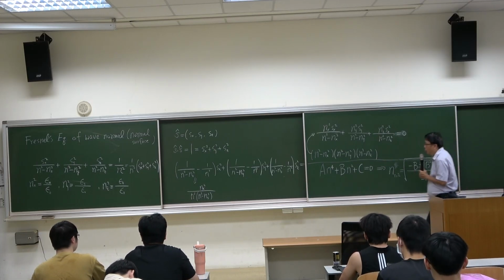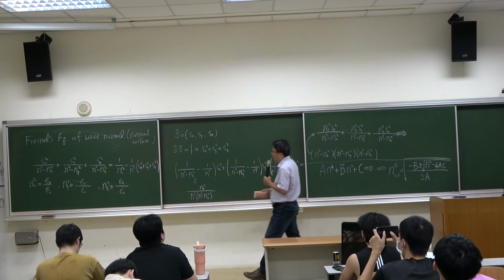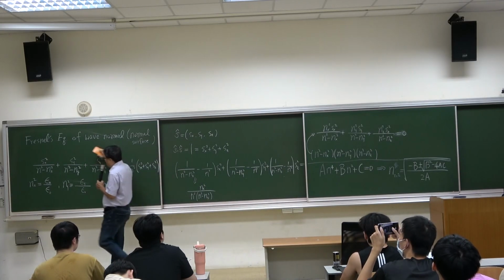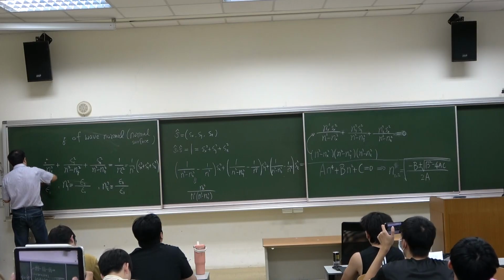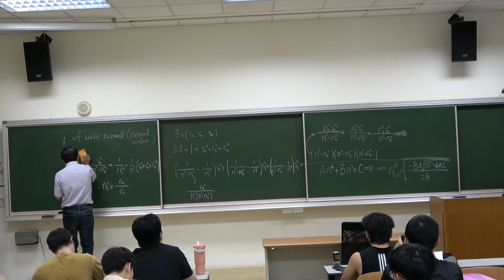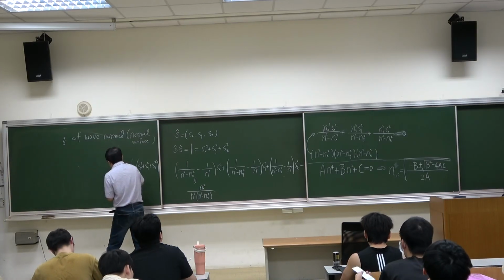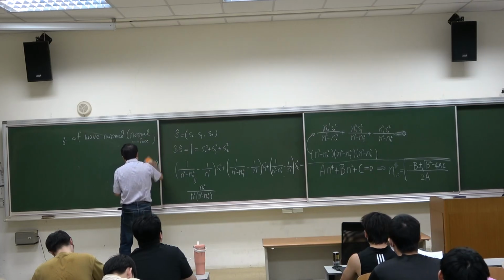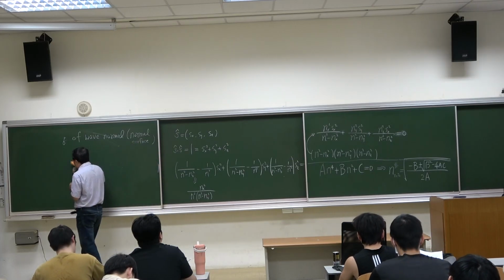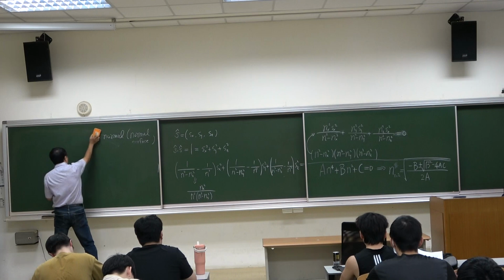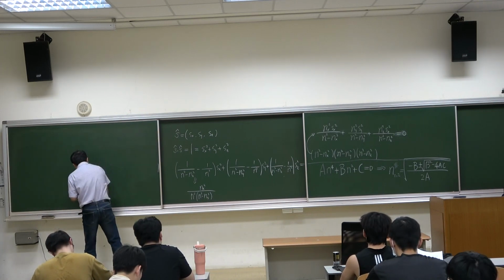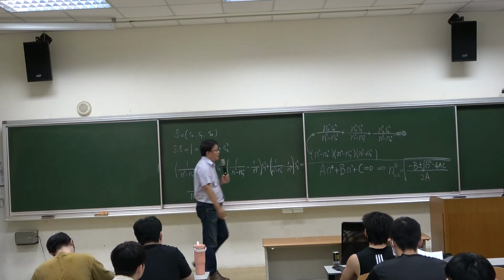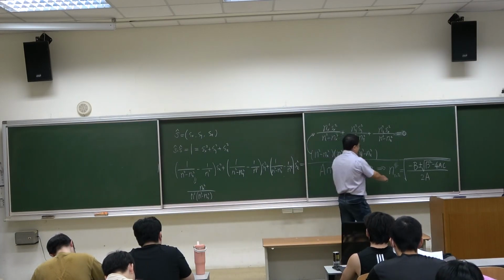So once you are given the propagation direction and the three reference refractive indices nx, ny, and nz, then you get two possible refractive indices.